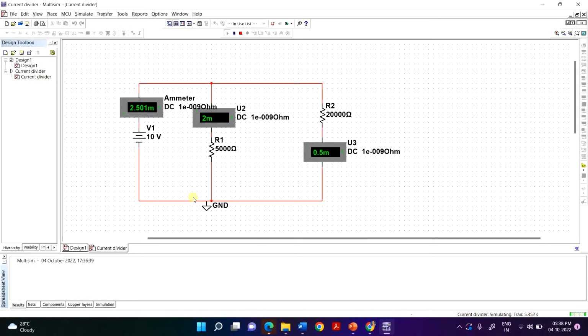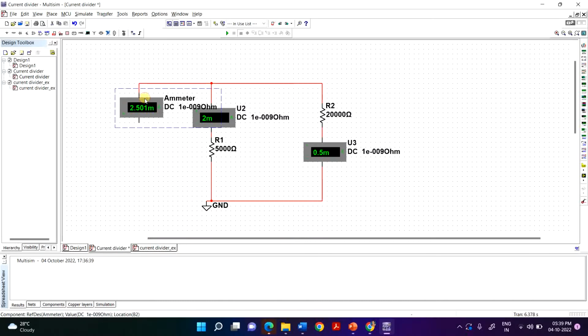As I told you, we can provide a current source directly instead of connecting an ammeter here, and let me show that to you quickly. I will replace this voltage source with the current source.